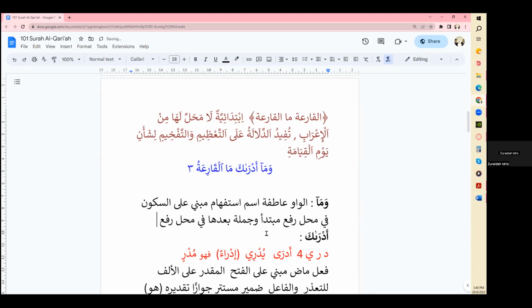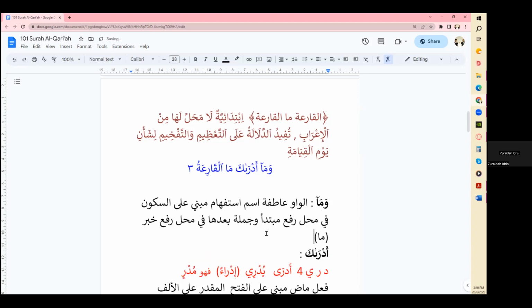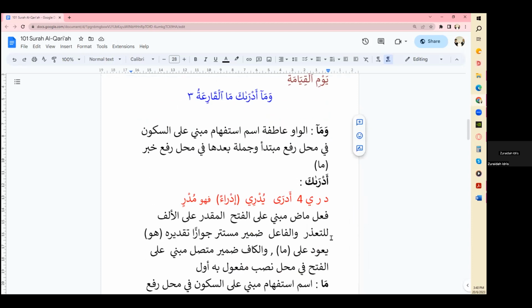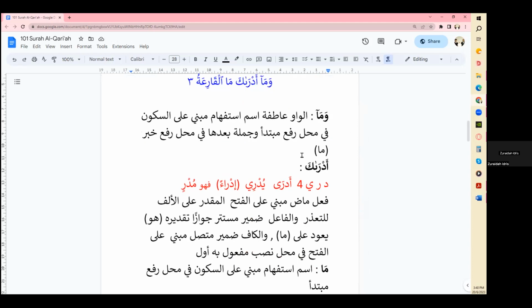Khabar of ma. I like this now, because initially I would just put khabar and things like that, right? But nowadays I tend to add this because sometimes it gets to a point where I don't know khabar of what, mubtada of which. So at the end of the day, I find it more useful to actually put which khabar of what. Basically that's why I would like to add that.